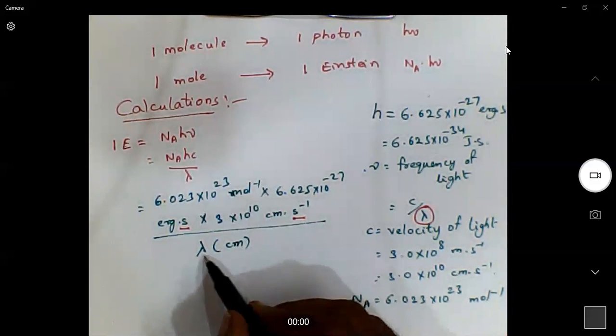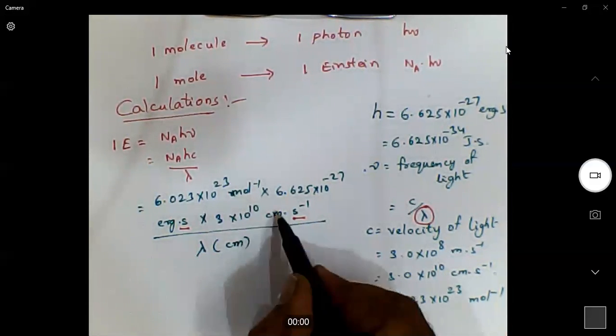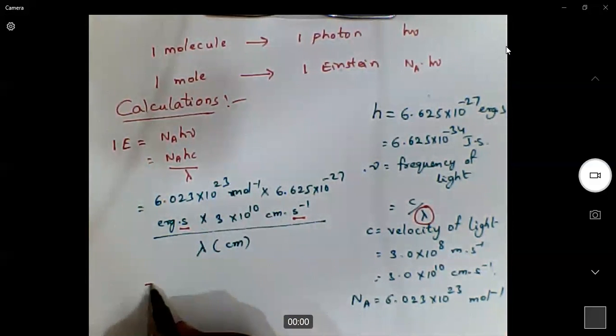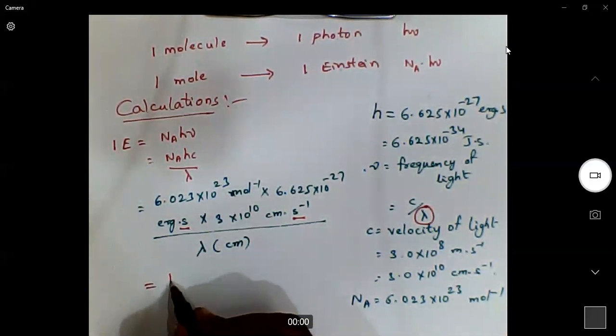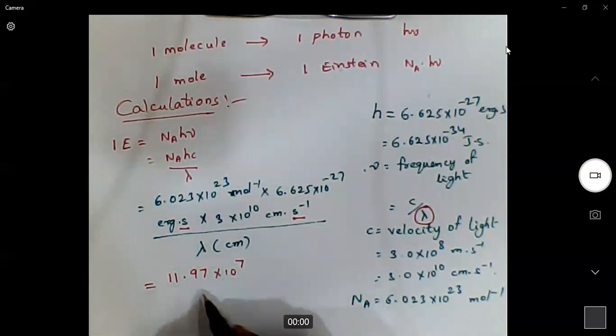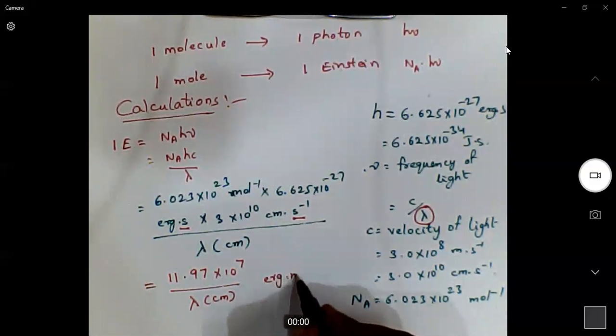If we substitute lambda in centimeters, centimeters will get cancelled. So what is remaining? Ergs per mole. Now we can calculate this. It comes out to be 11.97 into 10 power 7 by lambda in centimeters. So the result is ergs per mole.